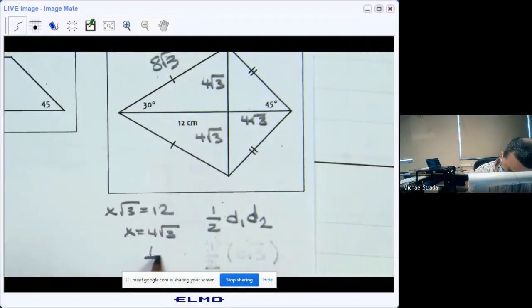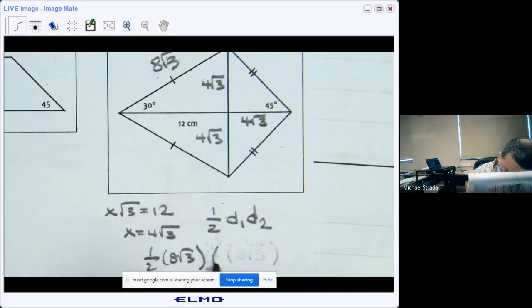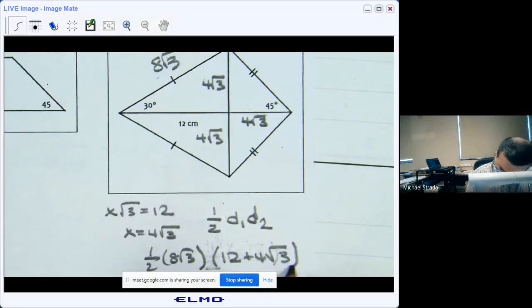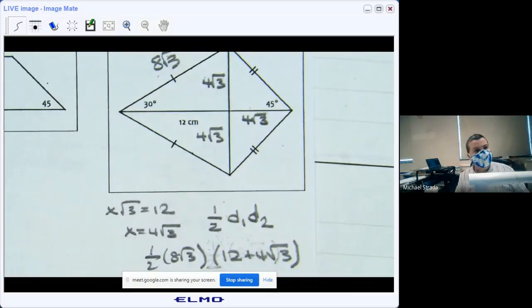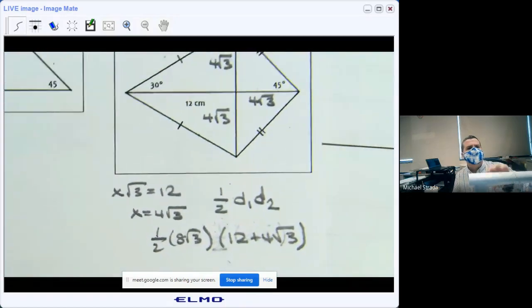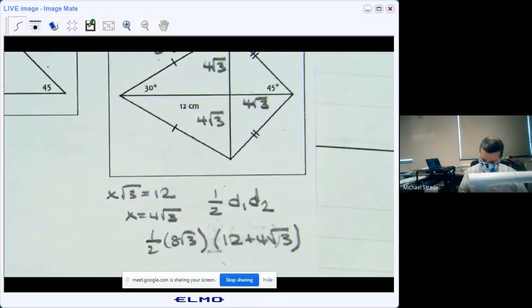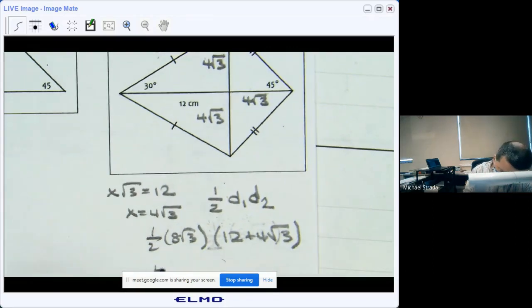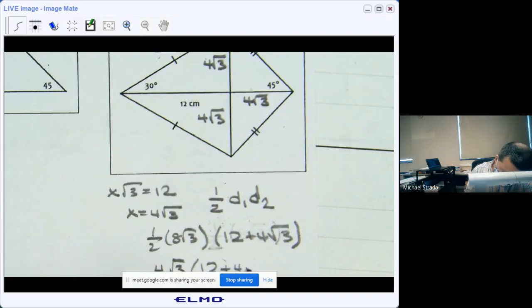So 1 half 8 root 3. And then the other diagonal is 12 plus 4. Everybody good? All right, you can take care of the 1 half right away if you like. What's 1 half of 8? 4. So now we got 4 root 3, 12 plus 4 root 3.